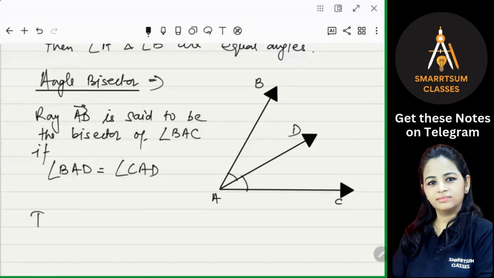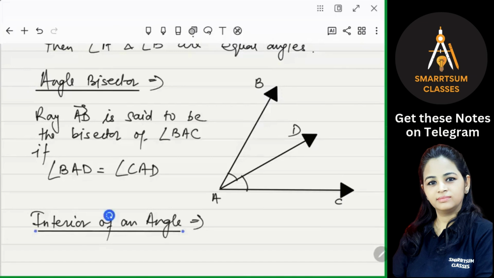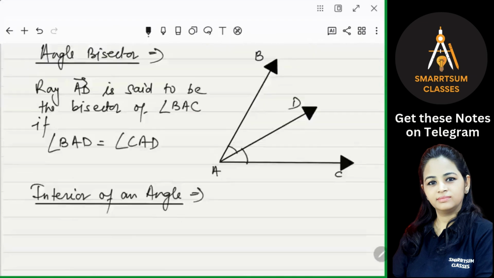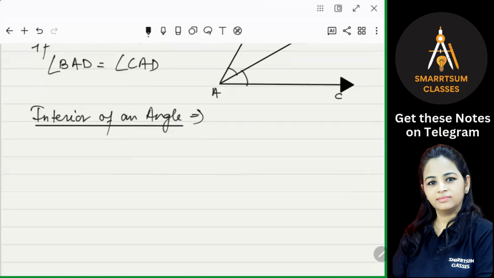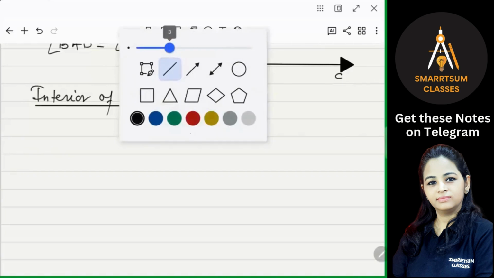Now we have the interior of an angle. What do you mean by interior of an angle? The interior of any angle means the set of all the points in its plane which lie on the same side of the arms. Suppose you have an angle.